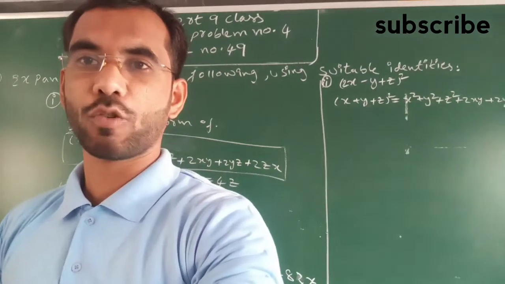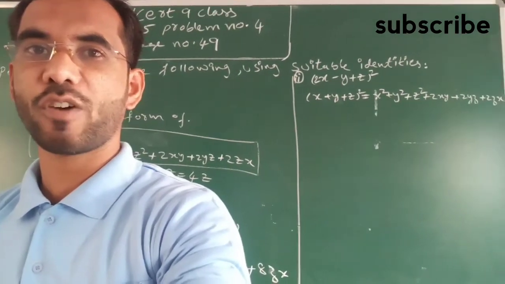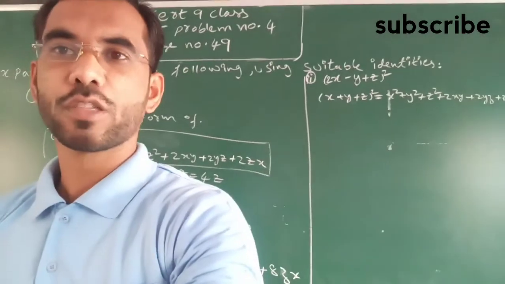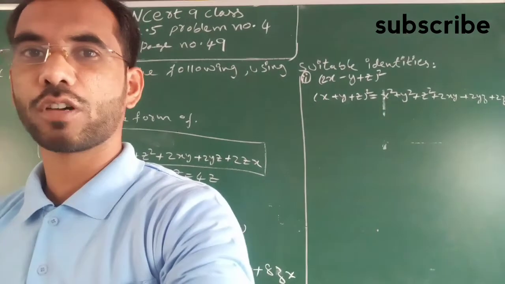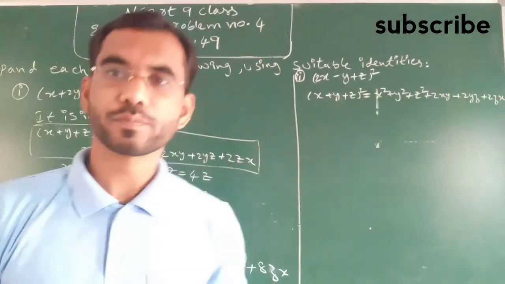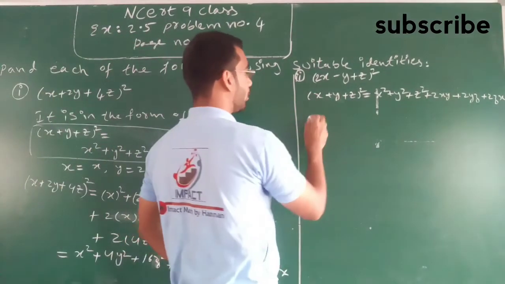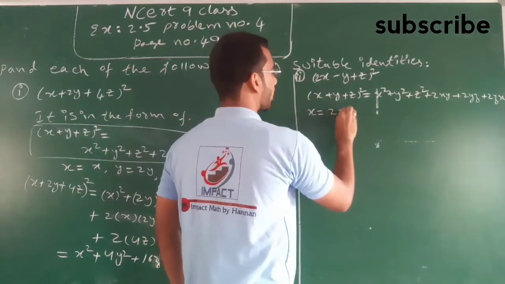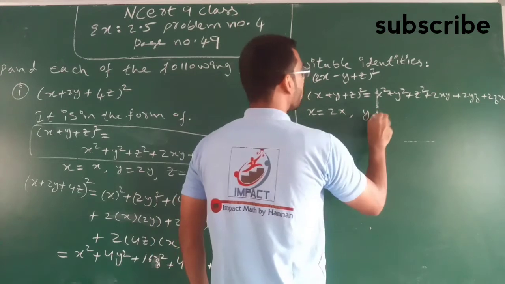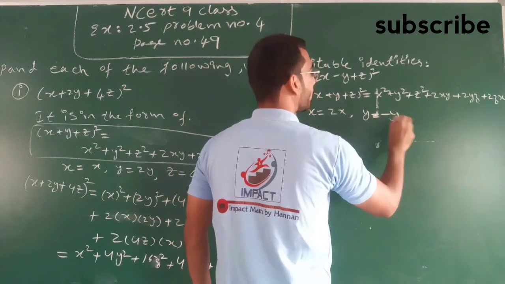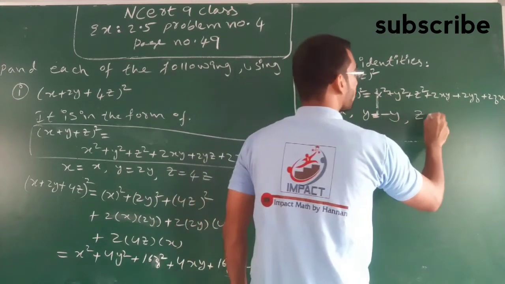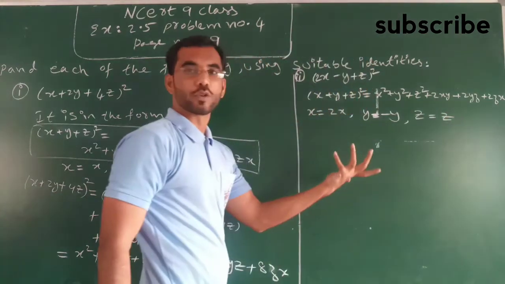This formula we are going to use in this one, the same formula we used in the previous question. Now x is equal to how much? It is 2x. y take it as minus y. z is equal to z.